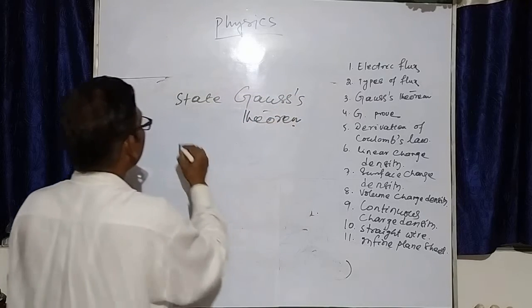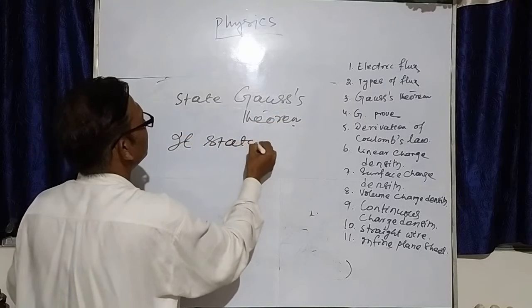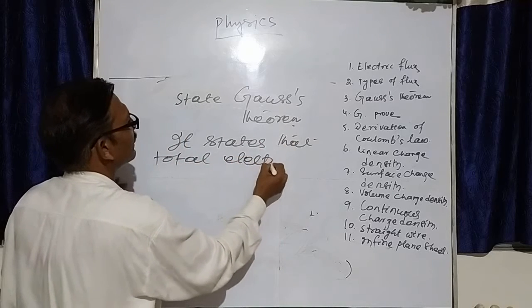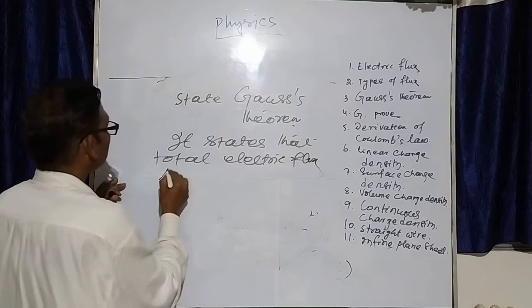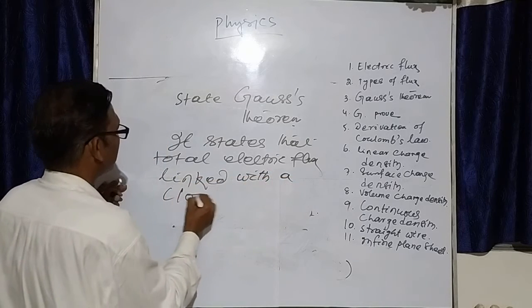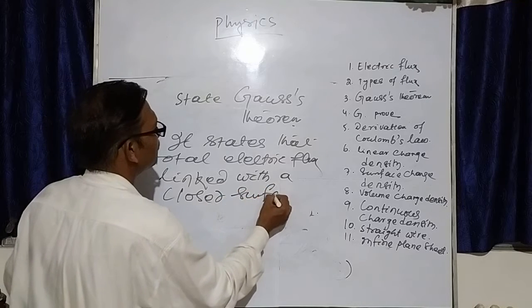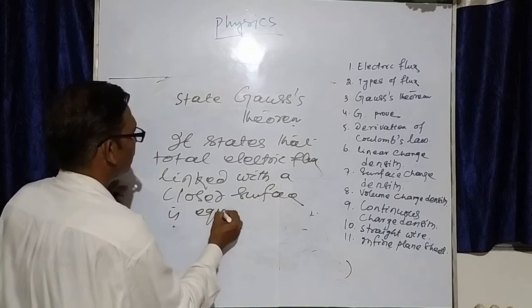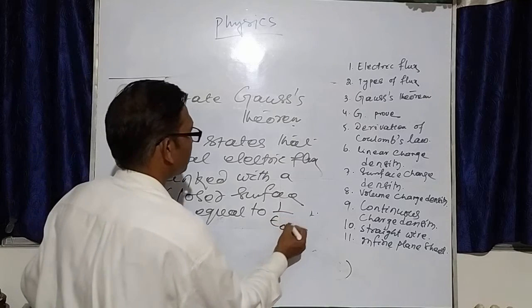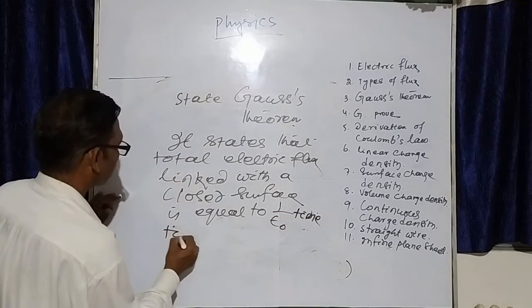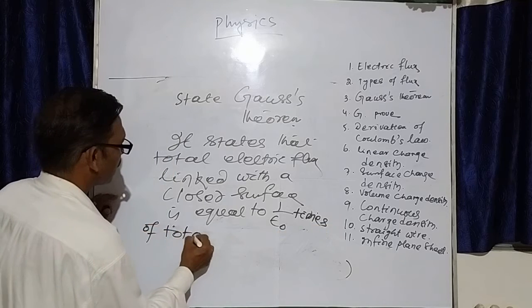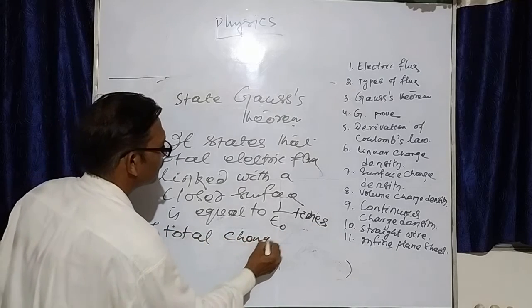It states that the total electric flux linked with a closed surface is equal to 1 by epsilon 0 times the total charge of the surface.